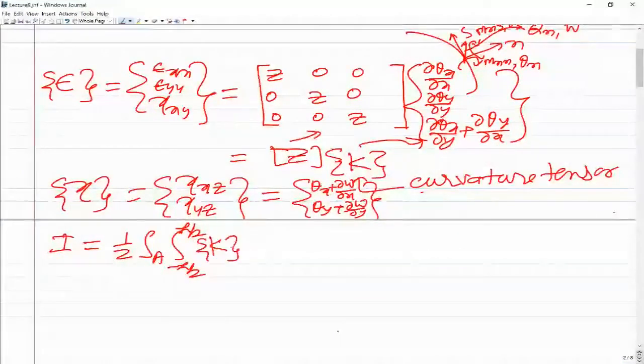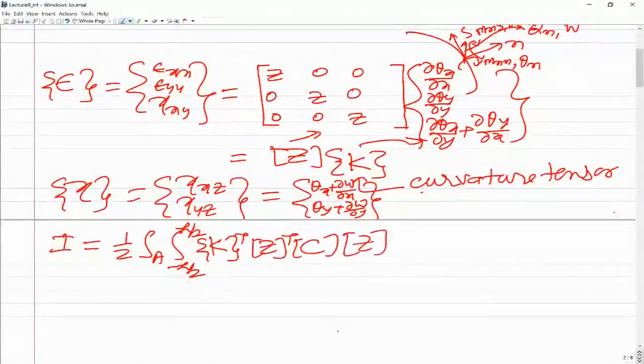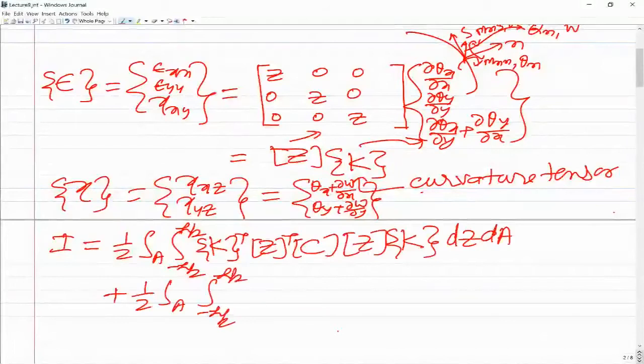So we can write kappa transpose into z transpose into C into z into kappa dz dA. Then the transverse shear strain energy term would again be half integration over area and through the thickness. Now tau is Cs into gamma, so its transpose would be gamma transpose into Cs.